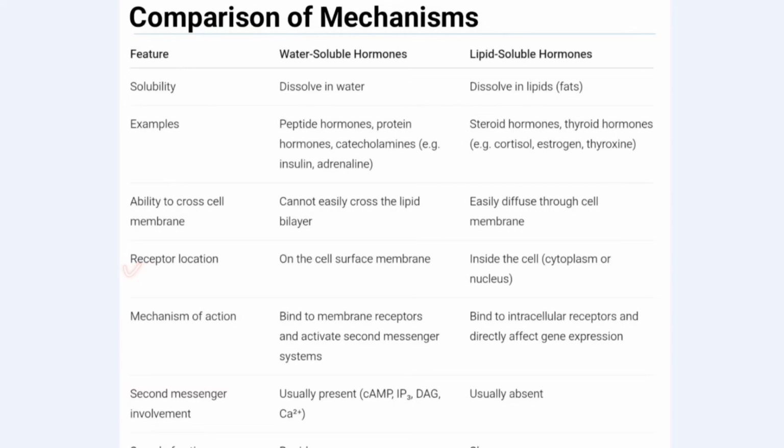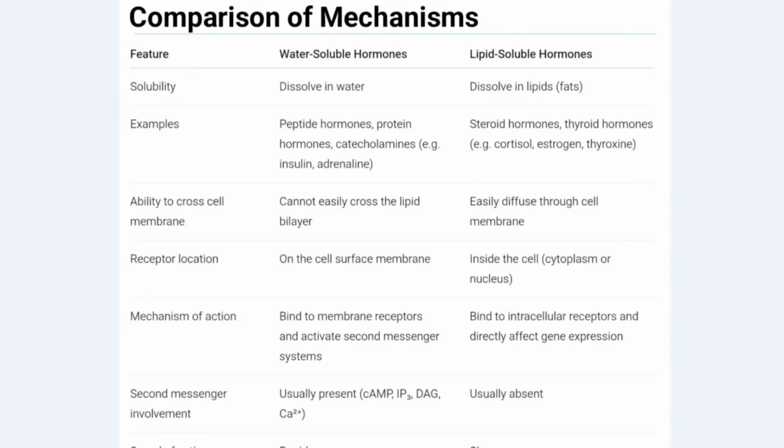Receptor location: in water soluble hormones, the receptors are present on the cell surface membrane, and in lipid soluble hormones, the receptors are present inside the cell, maybe in the cytoplasm or the nucleus.